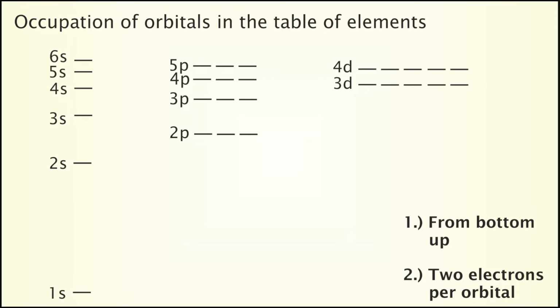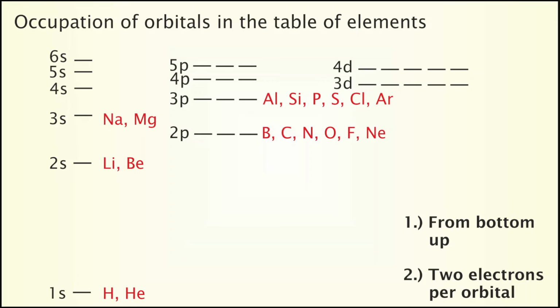So each orbital is occupied by two electrons. If you apply these rules for the first three periods of the periodic system, you end up with a table like this. So I will go through it with you. Let's have a look at the 1s orbital. As we already said, hydrogen has one electron in the 1s orbital.